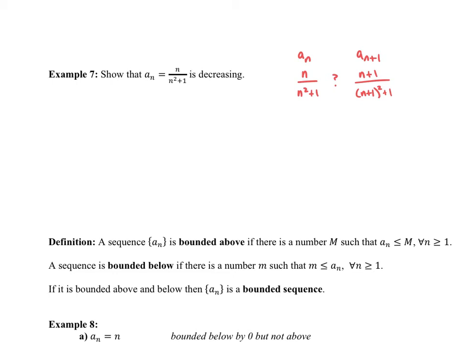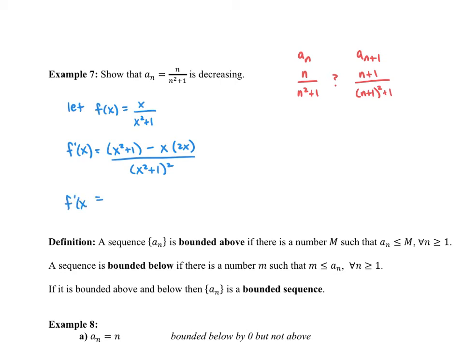So in this particular example, we might want to let f of x equal x over x squared plus 1 and look at the first derivative and determine if it's positive or negative. So we have the quotient rule. And if we simplify this down, our first derivative will be negative x squared plus 1 divided by, I'm not going to expand the denominator, that doesn't really matter.